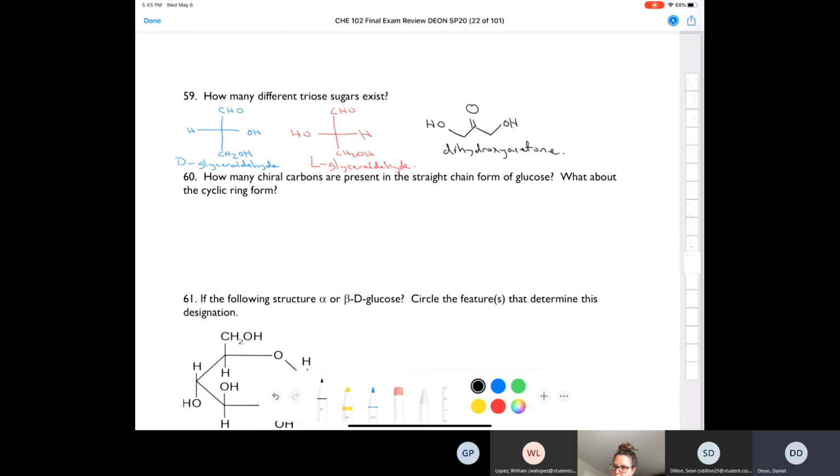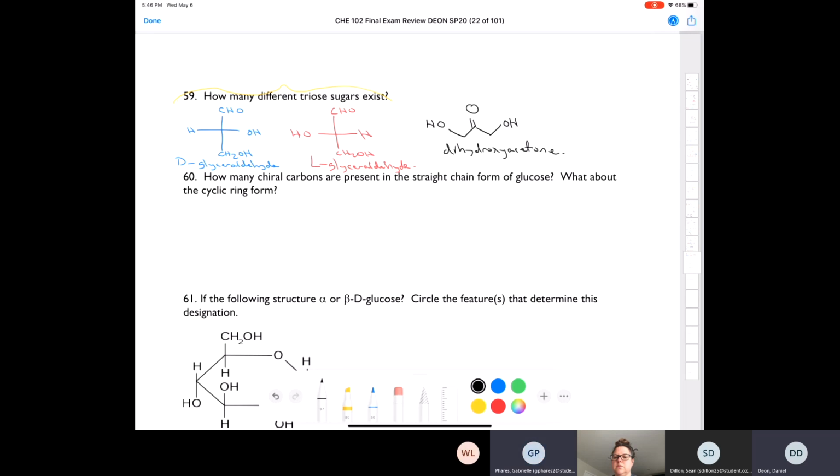My question to you would be, if I look at D-glyceraldehyde or L-glyceraldehyde, would these be aldoses or ketoses? Would they be aldoses? Yeah.